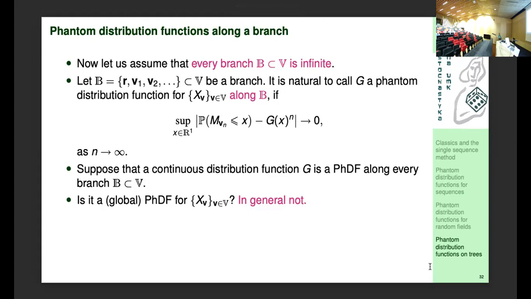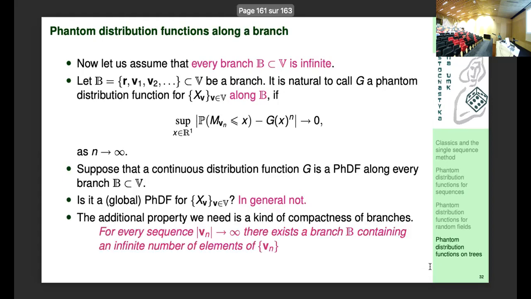The answer is no. So we don't have complete analogy with the lattice case, but if we assume a quite natural condition, a kind of compactness on branches of the tree, that it is not branching too widely: for every sequence there exists a branch containing an infinite number of elements of this sequence.